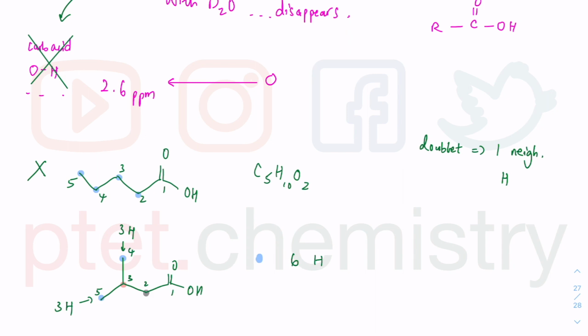And this is going to be CH3 twice, CH, and you have 1 neighboring proton, so you get a doublet.